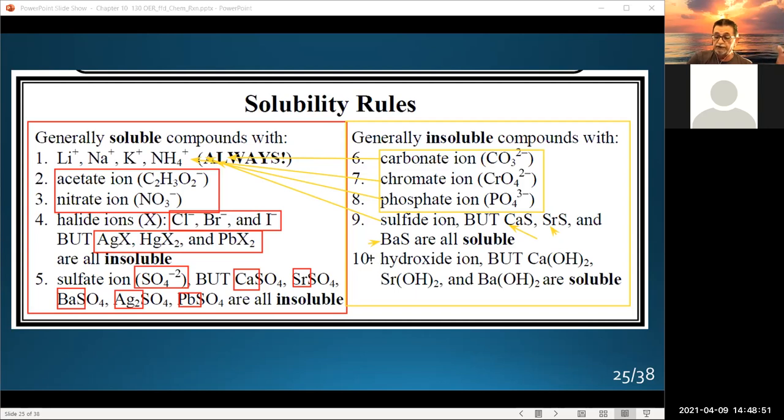Hydroxide, similar situation. Everything is insoluble except with the big four and calcium, barium, and strontium. So there are 7 examples of hydroxides that are soluble, and the rest are insoluble. Now, with respect to these ionic compounds, when they're classified as soluble, they're 100% dissolved, a strong electrolyte.